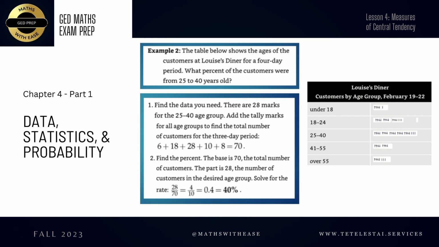In this particular example, it's 28 divided by the whole. So again, you would be thinking about the number of people that came into your store within that 4-day period. Why? Because those 28 people are a part of a larger number of people that came into your store within a 4-day period. And so that's why we're dividing 28 by 70 to get the percentage.